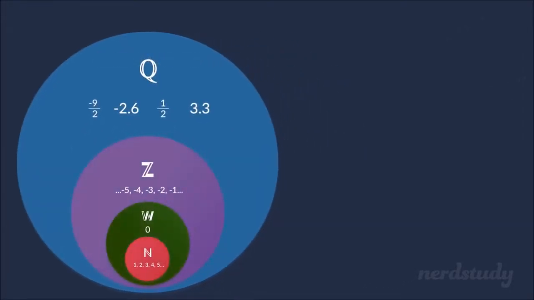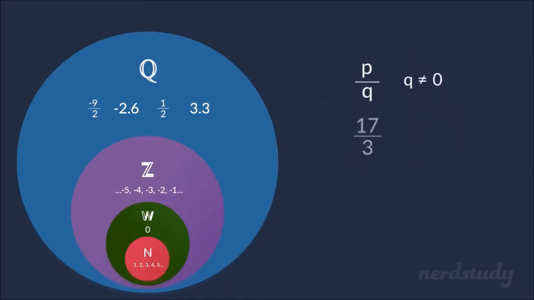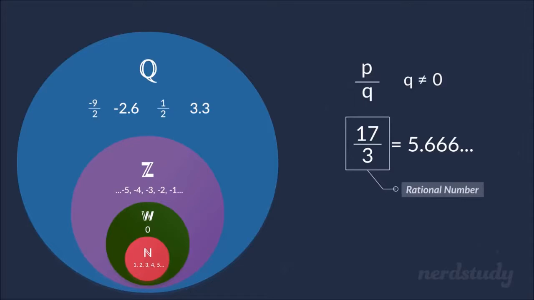However, the decimal numbers must be numbers that can be expressed as a fraction p over q, where p and q are integers, and q is not 0. So, for example, 17 over 3 is equal to 5.666 repeating, and since the numerator and denominator are both integers, this is, in fact, considered a rational number.